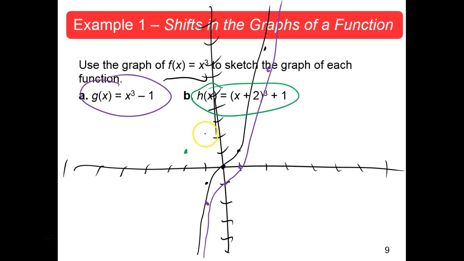This one goes left 2 and up 1. This one goes left 2 and up 1. This one goes left 2 and up 1, something about there. This one still won't be visible, so it's like this. Same shape, exactly the same shape, but now we've shifted left 2 and up 1. So our origin is moved over to there, and then everything else goes from there. Does that make sense?